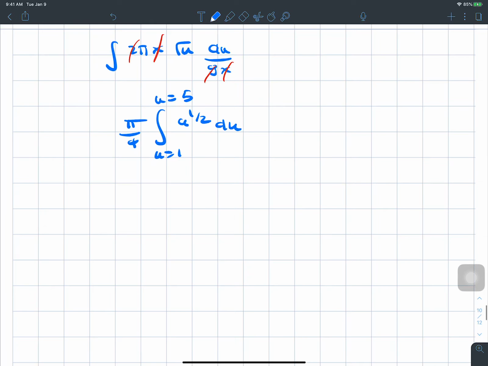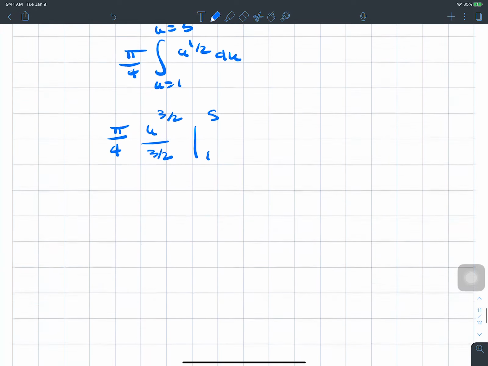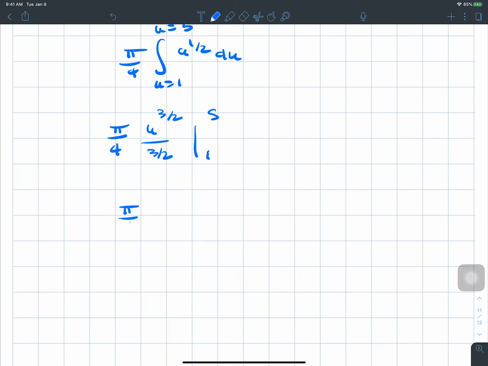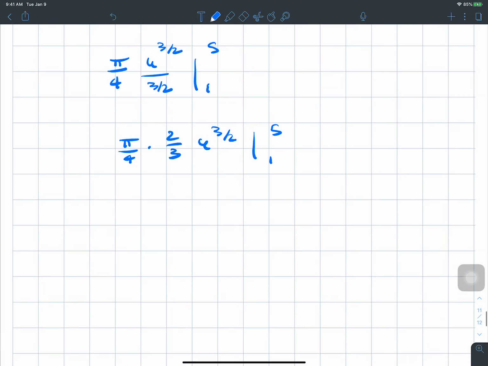All right. Pi over 4 times u to the 3/2 over 3/2, evaluated from 1 to 5. And I get pi over 4 times 2/3 u to the 3/2 from 1 to 5.